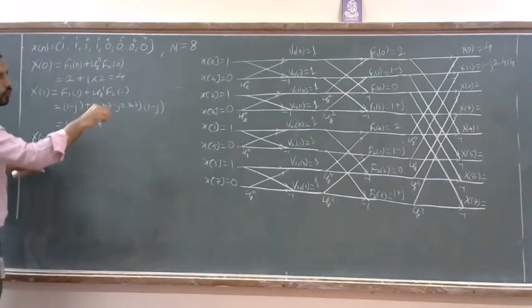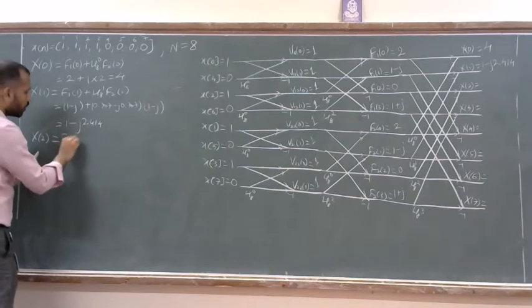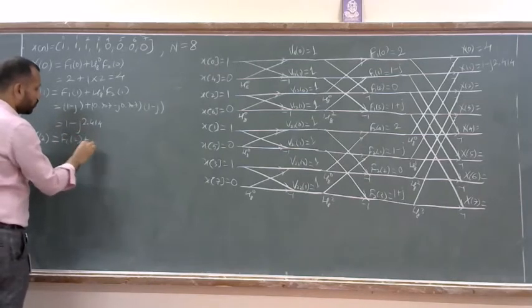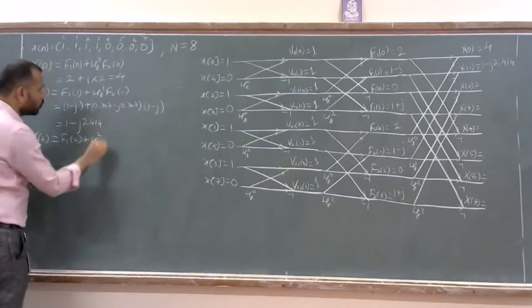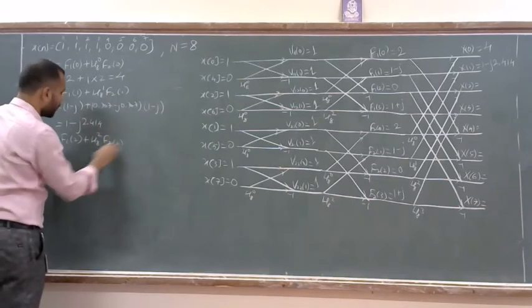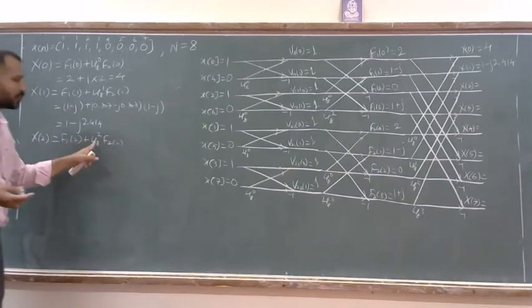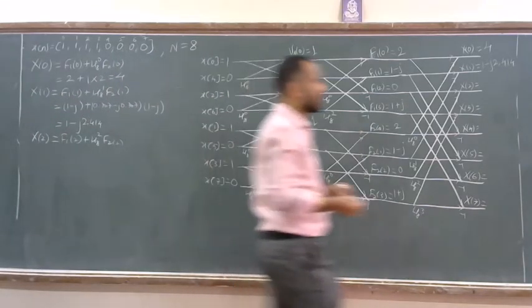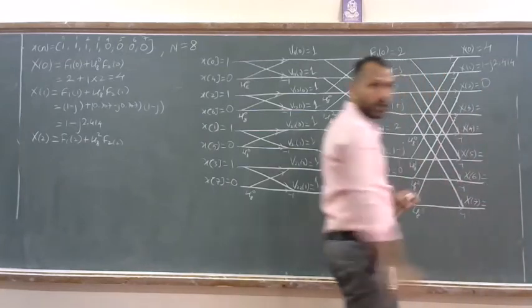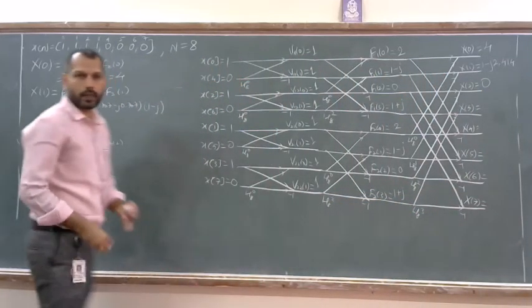Okay, likewise, x of 2 will be using f1 of 2 plus w82 f2 of 2. f1 of 2 and f2 of 2 both are zeros. So the second value, 0, will be multiplied with the twiddle factor value minus j, so it becomes 0. So x of 2 will be 0.